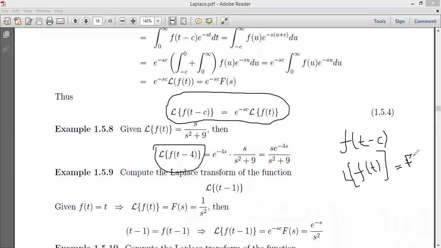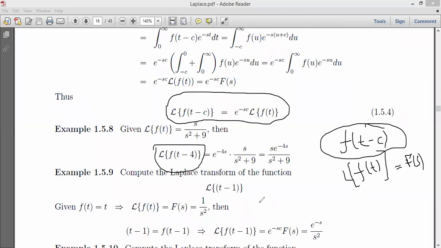Once you have F(s), you can now compute this one here, given the derived formula, which is e to the minus sc times the Laplace of f(t). The c will be derived from this term here.